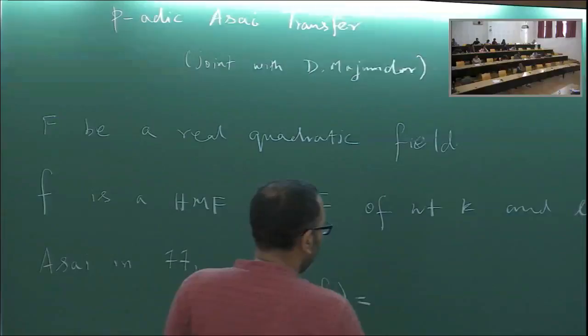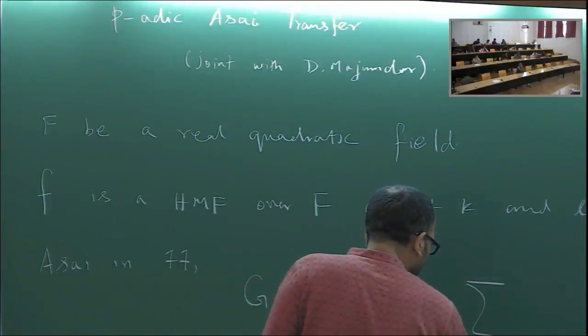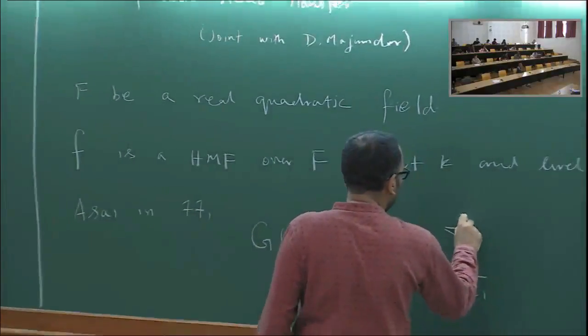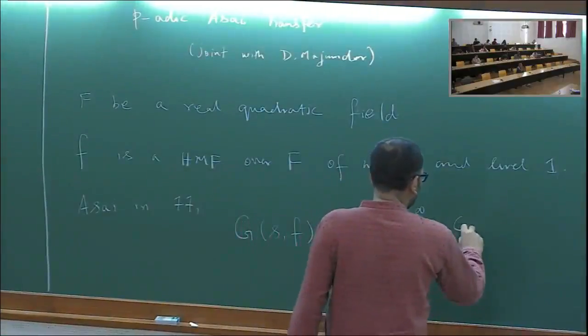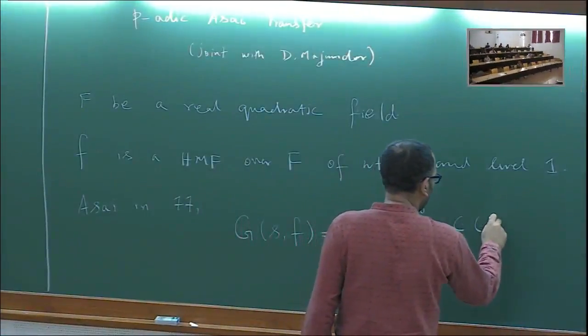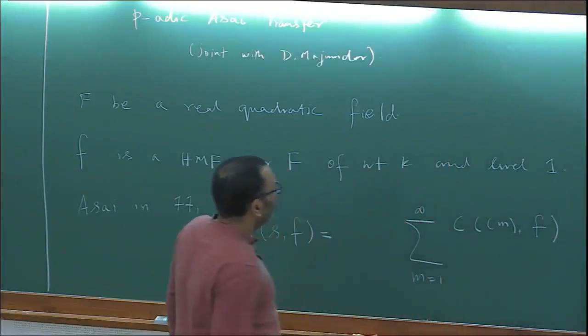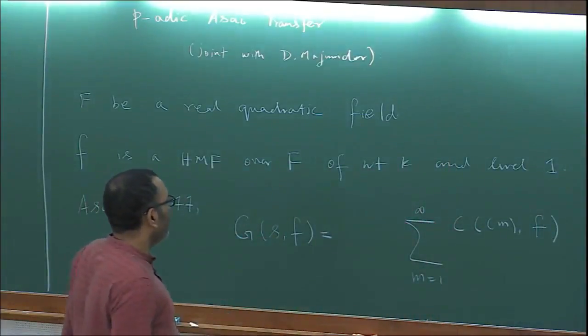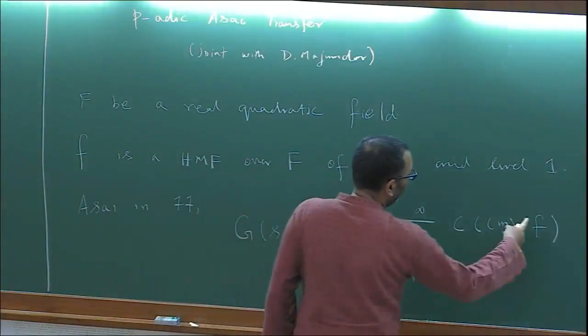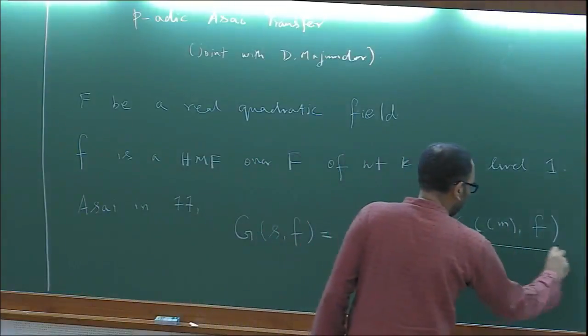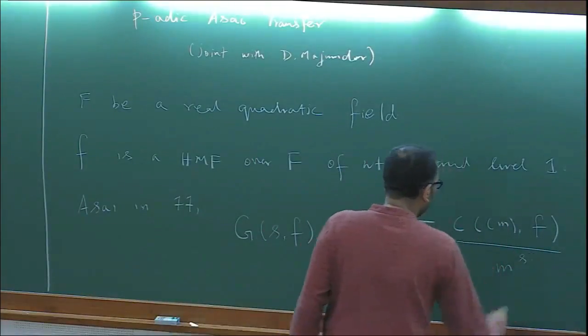You take a Dirichlet series, sum over m equals 1 to infinity, of the Fourier coefficients of this Hilbert modular form at ideals coming from Q, divided by m to the power s.